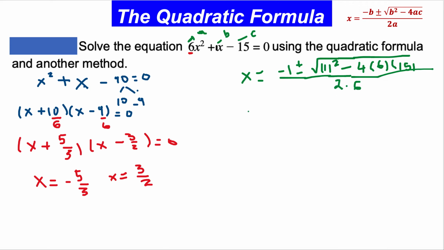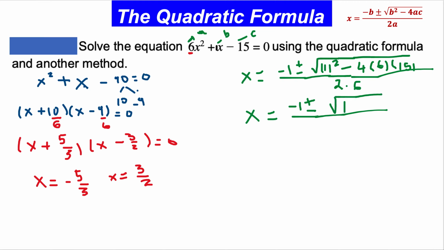which is 12. But as we see, in the quadratic formula we have a lot of calculation to do, and you can compare and see whichever is better. And 1 squared is 1.